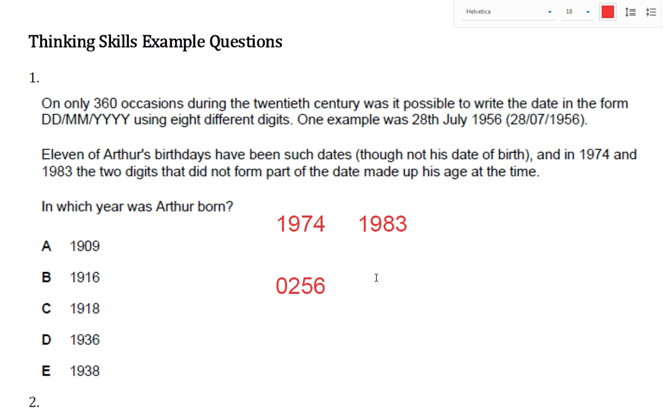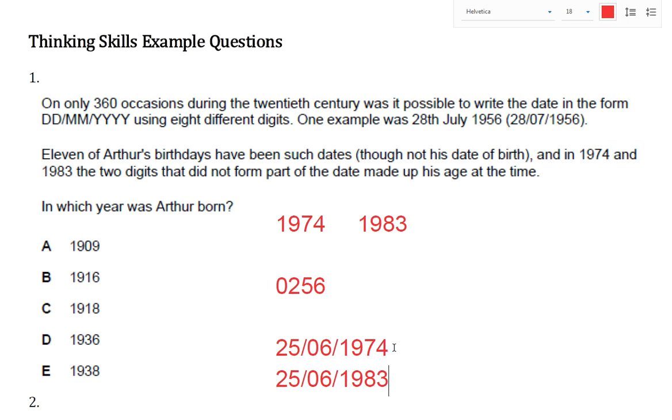And from there, you should be able to figure out a possible date that you could have, or 2 dates. So let's go with something like 2506, and then we have the 2 years, 1974 and 2506, 1983. All right.